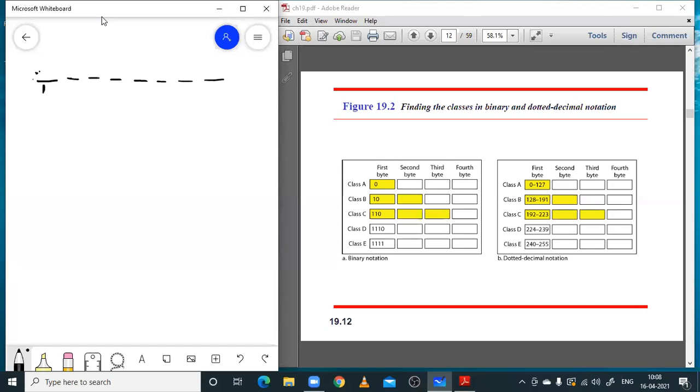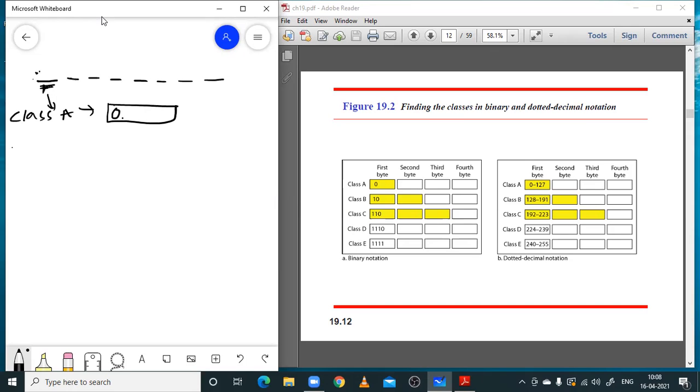Totally 2 divisions can be made. If I consider only one bit, it is class A of the first octet. That will be the 0 here.